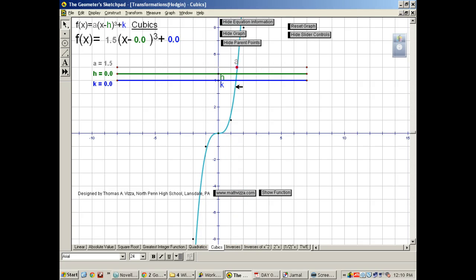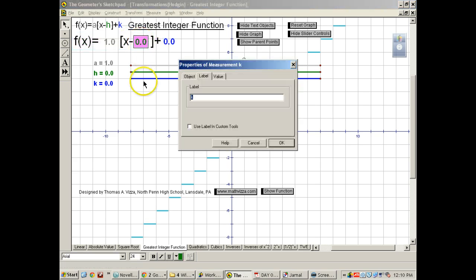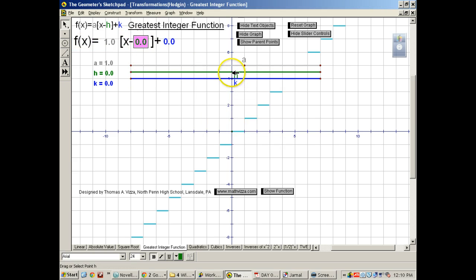Okay. And we can even go way far back to one of your favorite functions of all time, step functions. Alright? And we did this one first, but now looking back at it, I'm sure now you've seen all the other vertex forms and everything, you could say, well, if I just know the parent graph, I know what this looks like, and I know what happens when I change this number right here, that just moves the whole thing left and right.